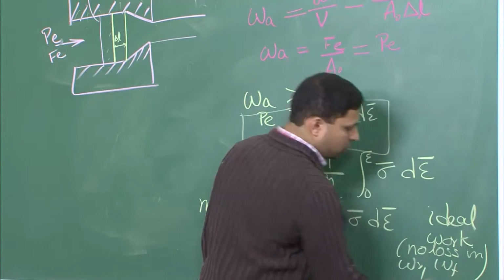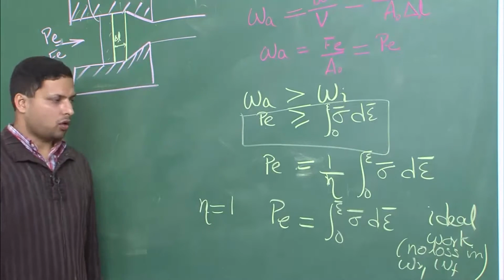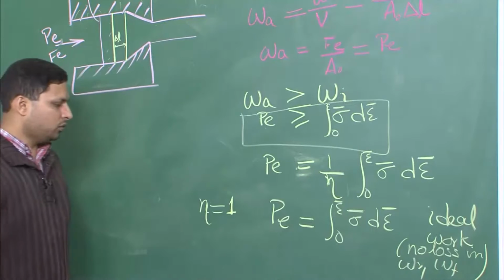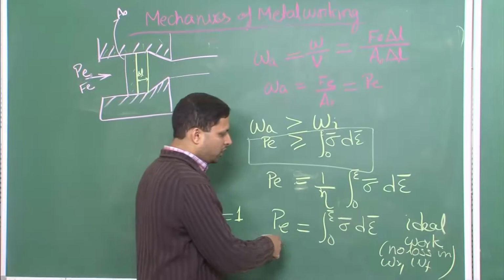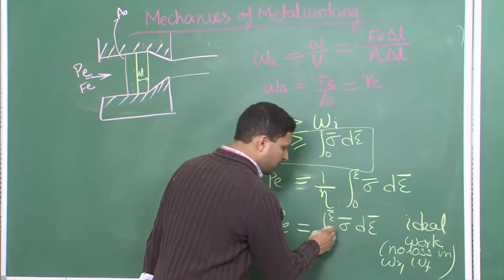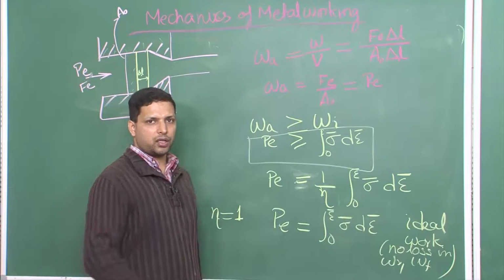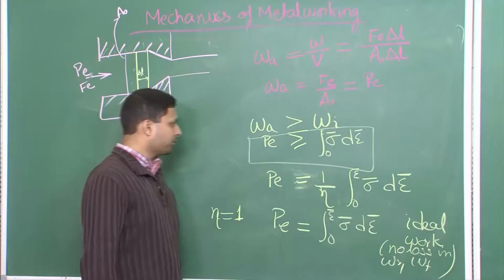So, no loss during redundant work or frictional work, then in that case we get eta equal to 1, and therefore, PE, the extrusion pressure, is nothing but the integral of this quantity. It is a very useful relation that you will see later on.